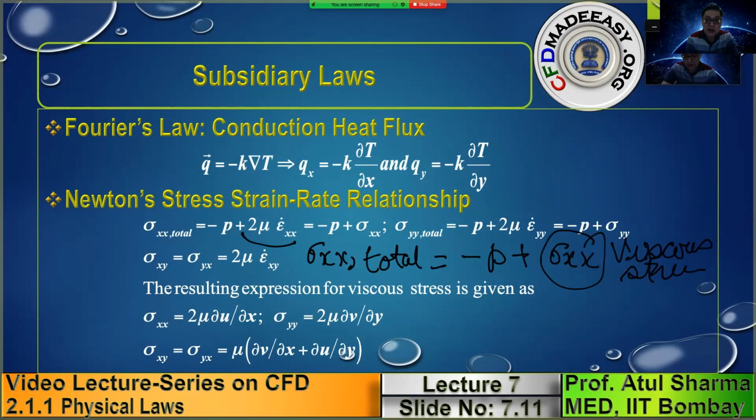Similarly, sigma yy total is expressed as minus p plus sigma yy, whereas the shear stress doesn't contain a pressure term, so they are equal. So all these terms that I am showing here are viscous stresses.